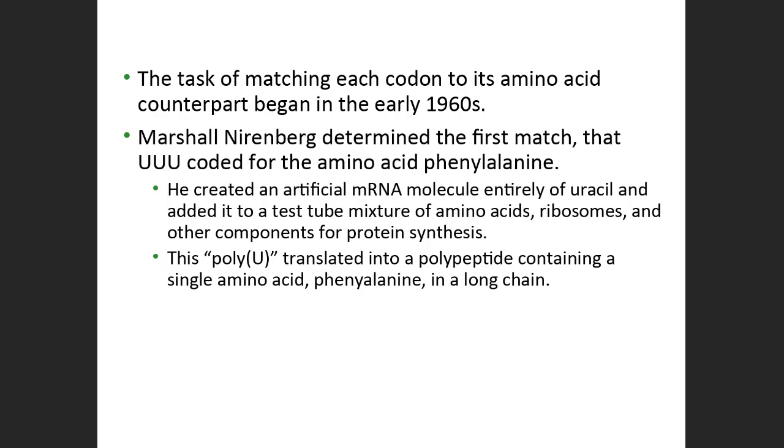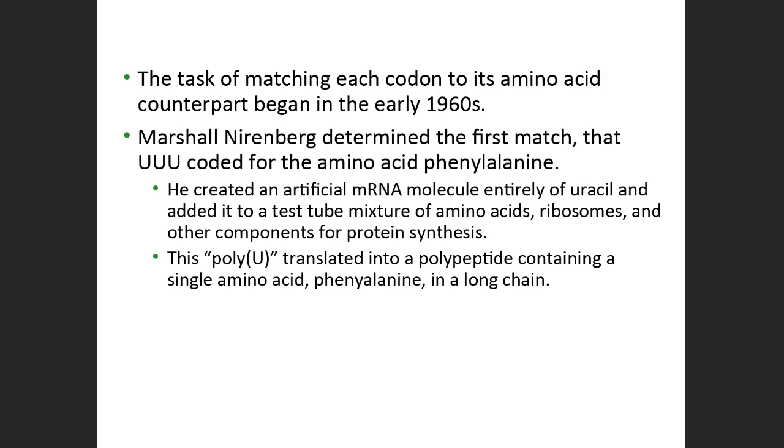So he did this. We created artificial messenger RNA molecules. In this case, one that was made of just uracil. Put it in a test tube with all the amino acids, ribosomes, and everything else needed for protein synthesis. And phenylalanine was the only amino acid produced. Therefore, he determined UUU coded for phenylalanine.